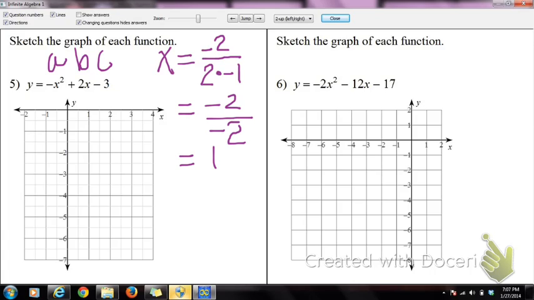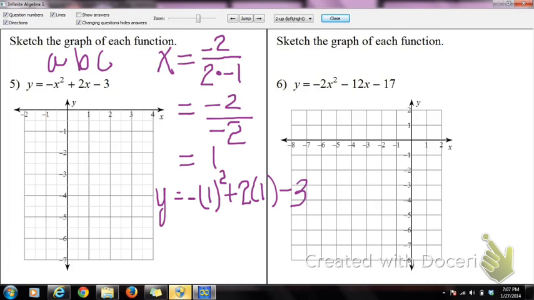To find our y, we plug it back into the y equals expression. Sorry, I went over into the graph a little bit. I want to emphasize the negative is not being squared, but the x is.